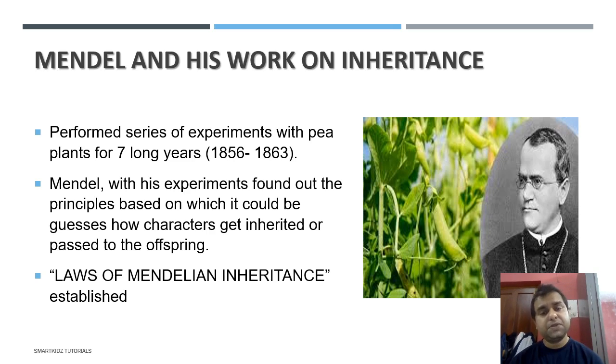Based on his work, there are three laws. We'll come across these three laws, and these three laws till today are followed, because they are fundamental. It's like how our ABC is the basis of our English language, the way we form words and sentences. Based on his work, now a lot of progress has been made in the field of genetics.